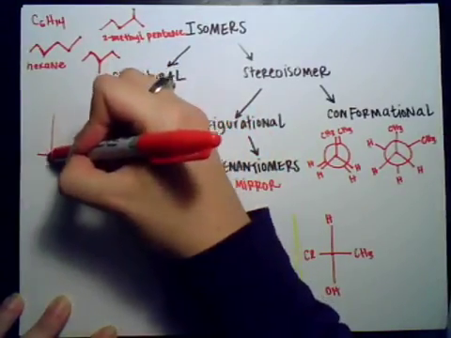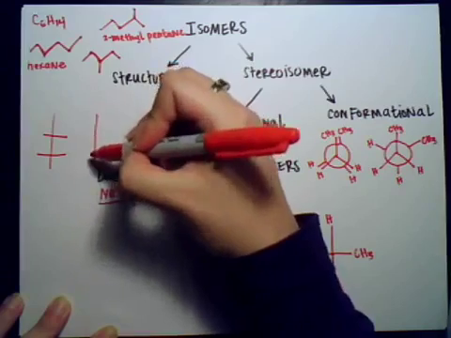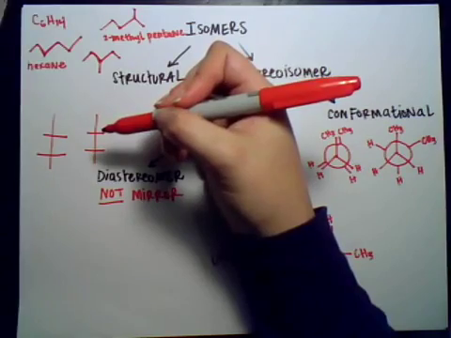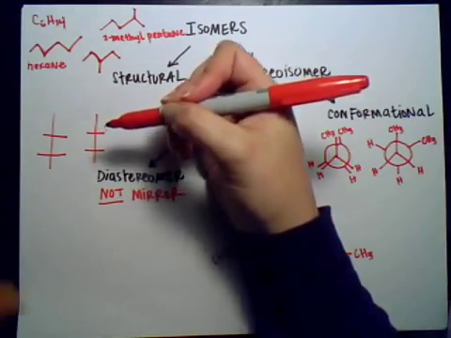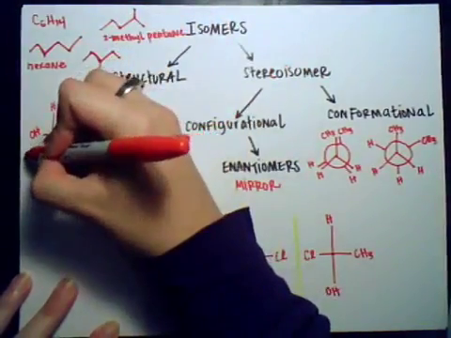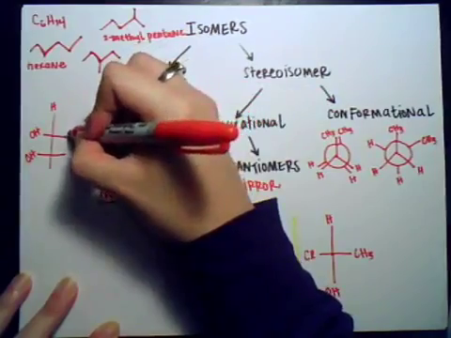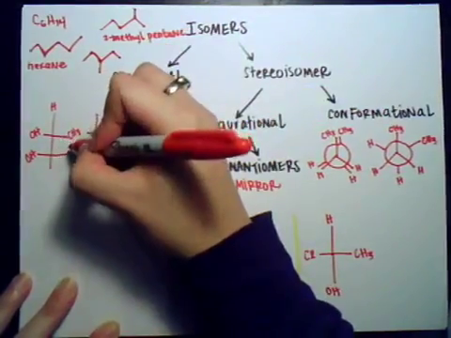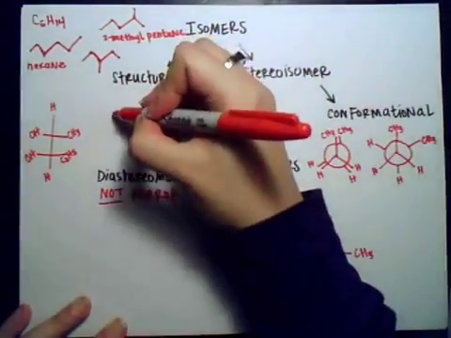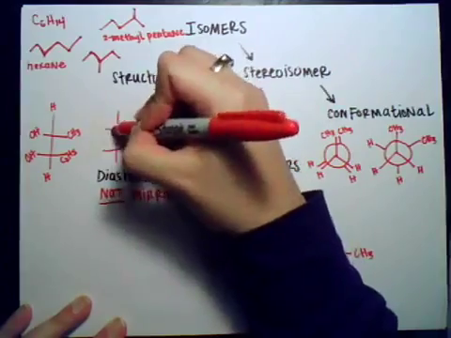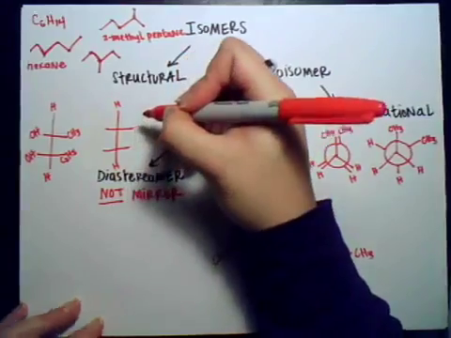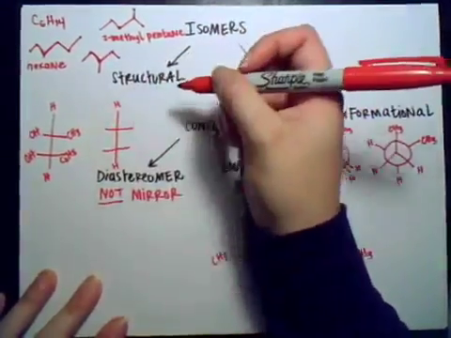I'm going to draw another Fisher projection here. And let's just say that we have this molecule: H, OH, OH, CH3, C2H5, and H. So I'm going to draw right here: H, H. So if this was a mirror image of each other, it would look like this.